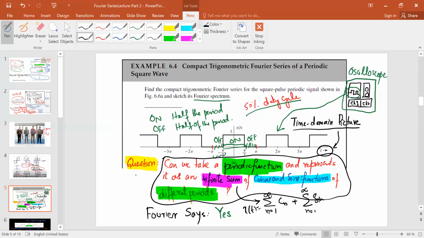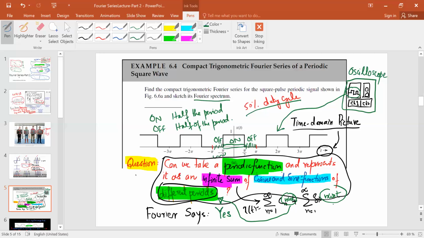However, the whole idea is that these sine and cosine will have different periods. So in order to cater to this, I have to put in the argument that I'm talking about right now. So this argument is n omega naught t. Basically I'm catering to this particular word, different periods.